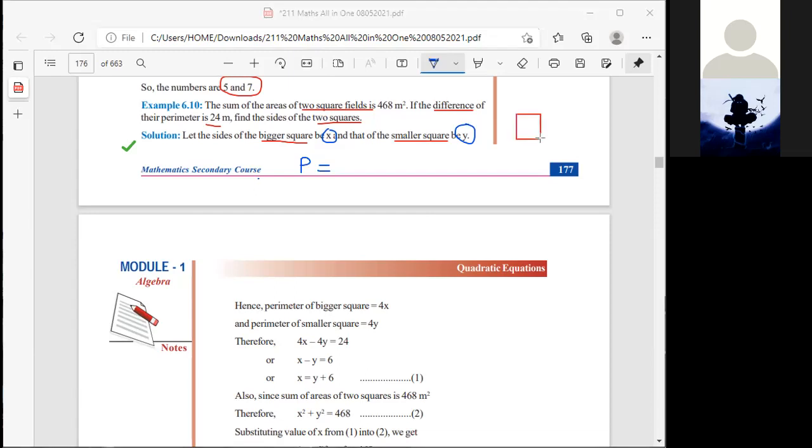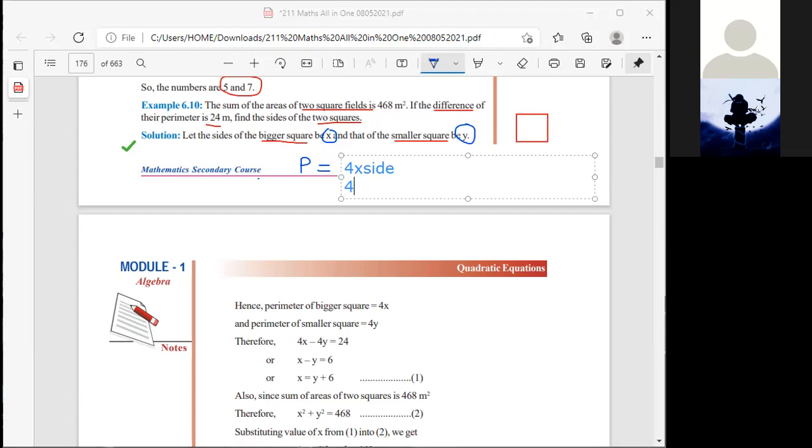Now supposing this is a square. Tell me, how will you get the perimeter of this square? Into 4. Yes. It is going to be 4 multiplied by the side. Am I right? Here we have taken the side of the bigger square as x.